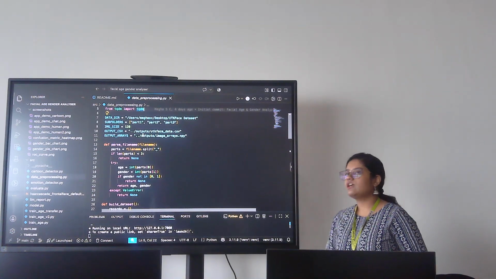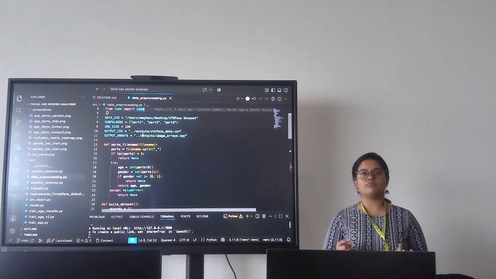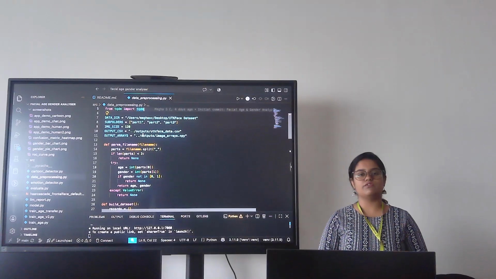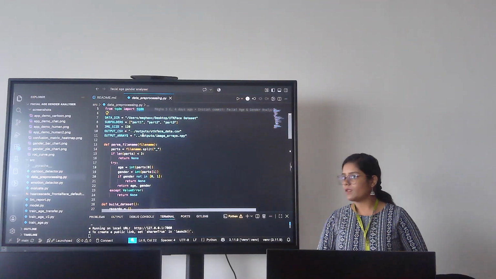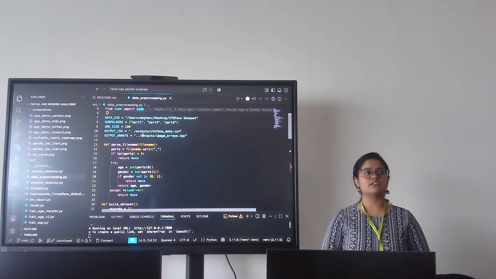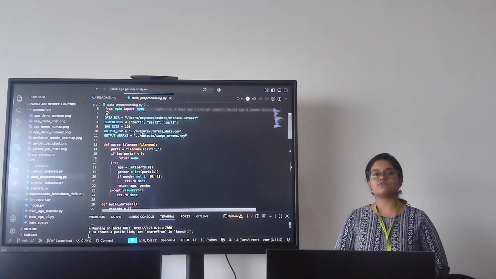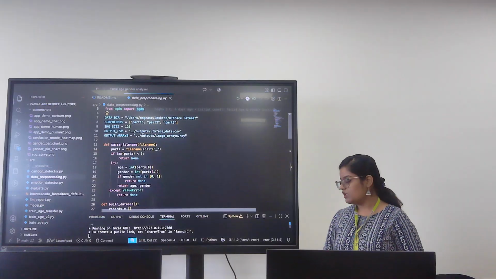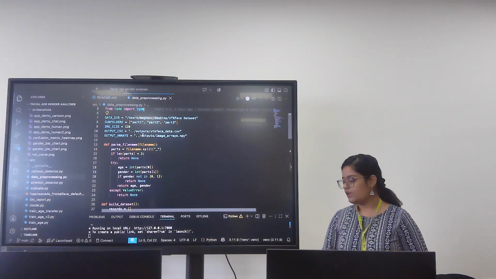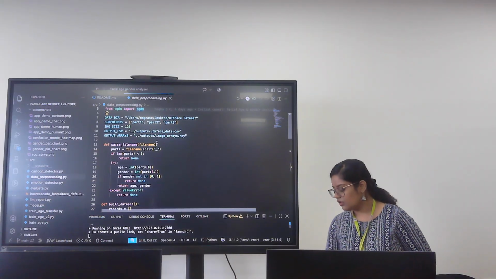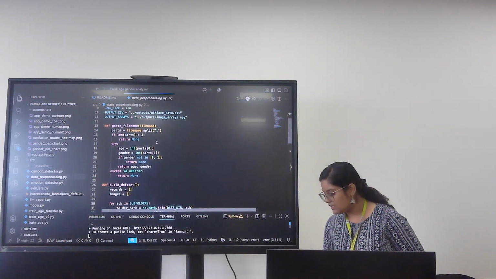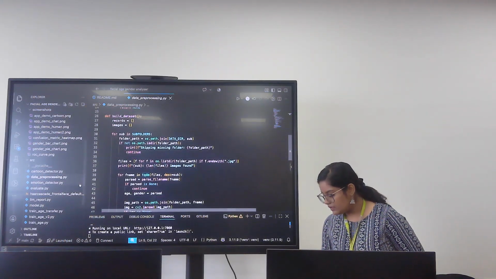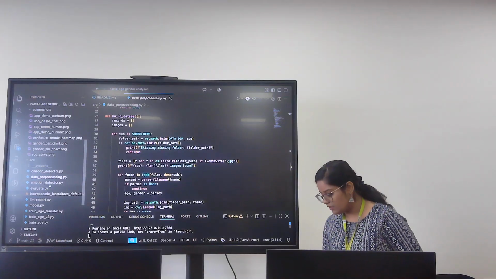After that, the data set had the age, gender, and even the race of the person. As we don't need the race of the person, I did not take the race. So we took only the age and gender, and after that I set the image size to 128, and this was about the data pre-processing.